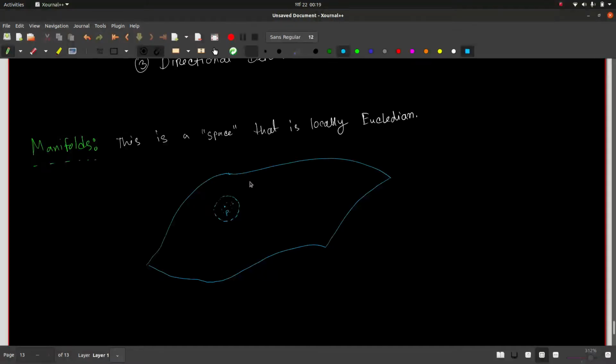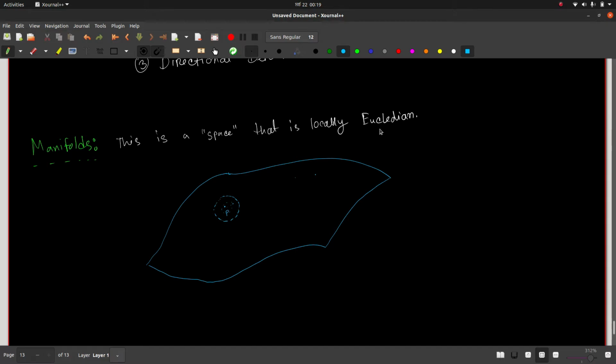That means there is no ups and downs, no curvatures and all that. So if this is the case for all the points and their neighborhood on this rubber sheet, then this rubber sheet can be considered as a manifold.